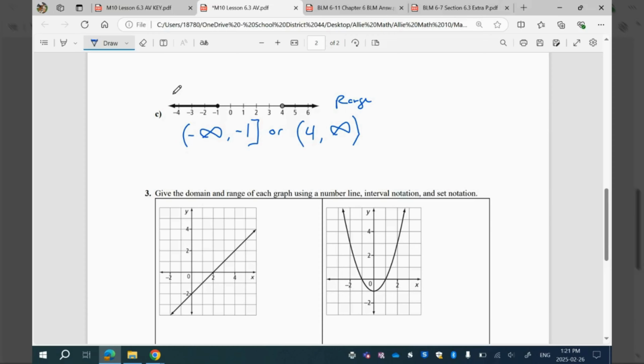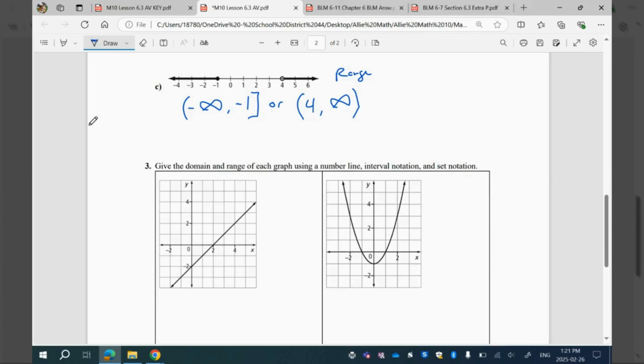It's going to go on and on forever to negative infinity, and it doesn't include that because we can't actually reach it. And the upper end is -1. We do include that because we have a colored in dot. Or it can be 4, but it doesn't quite reach the 4, so we use a round bracket. And the upper end is positive infinity, but it's not going to reach that, so we use the round bracket as well.